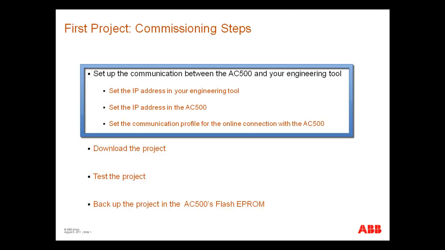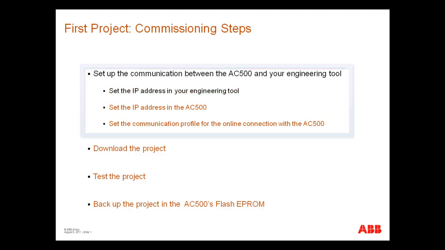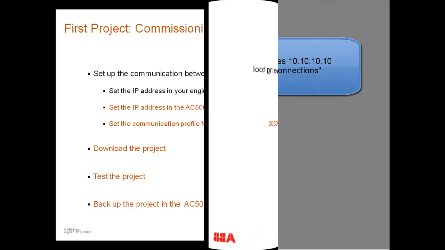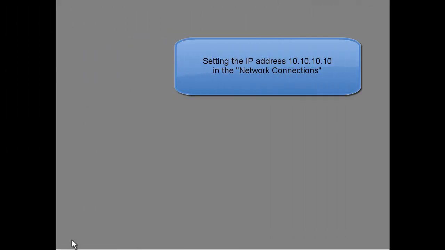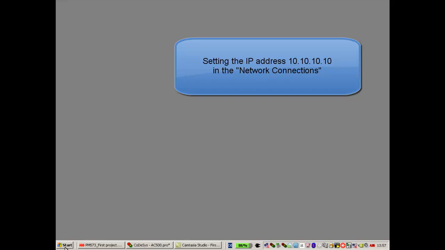To set up the communication between the AC500 and your engineering tool, we will first set the IP address in the engineering tool. First we open the network connection menu.